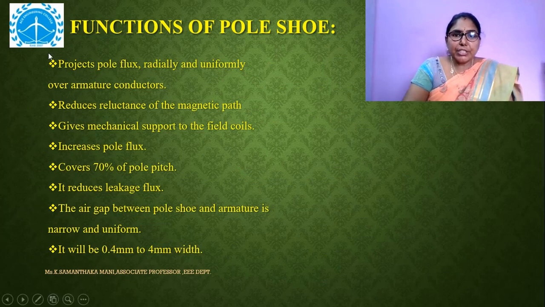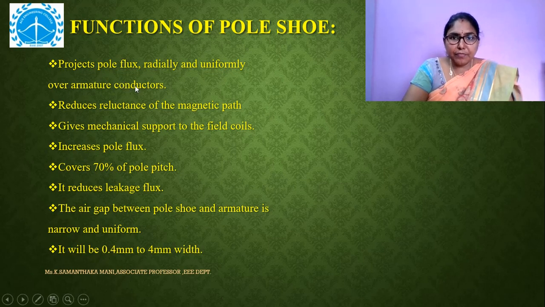And coming to the functions of the pole shoe, it projects the pole flux radially and uniformly over the armature conductors. In order to have more flux linkages with most of the armature conductors, the pole has to be projected.